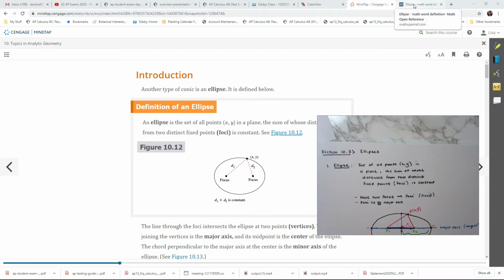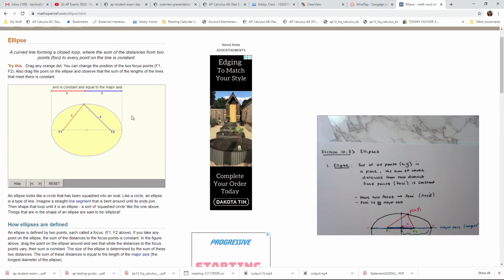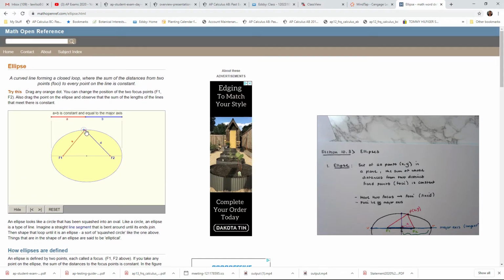And I found a little animated deal here to show you what that means. If this is your point right here, this is some x, y. So the points x, y along this curve in the plane are the set of points in the plane that make up the ellipse. And of course, each point has an x and y coordinate.